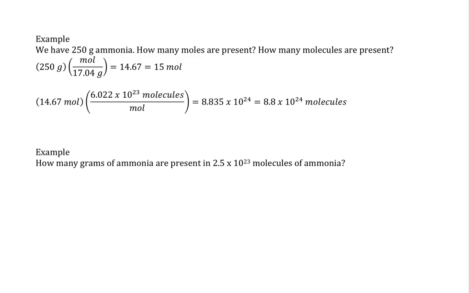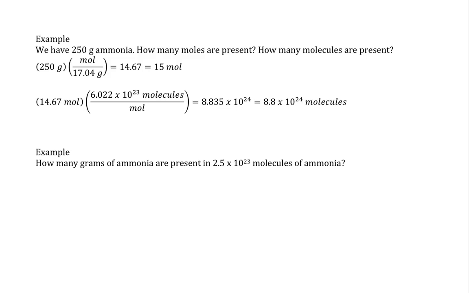Okay, so in this problem, we start with the 250 grams, and then we write the conversion beside it such that grams cancel out. So we're going to put 17.04 grams in the denominator, mole in the top. We would see on our calculator perhaps 14.67. We would round that to 15 moles, because we have 2 sig figs in 250.